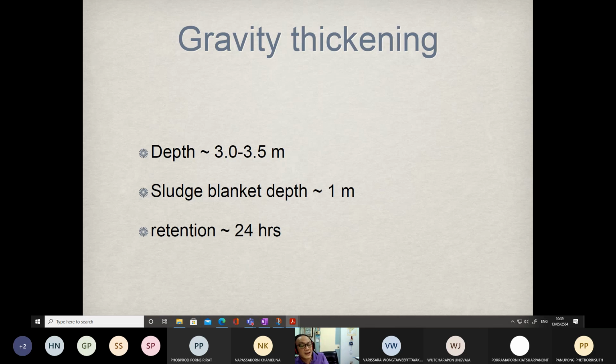The last one makes the gravity thickener different from the sedimentation tank, because in the sedimentation tank the retention time could be only 4 to 5 hours. 4 to 5 hours may be enough there, but in this case it is longer. The design parameter is approximately 24 hours.